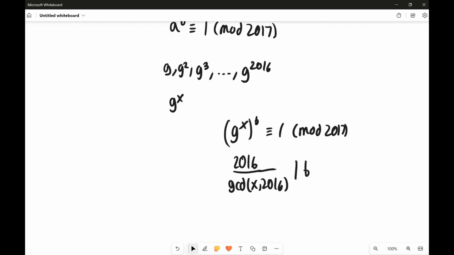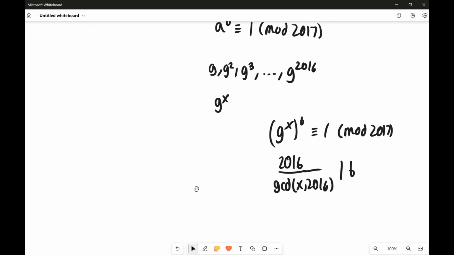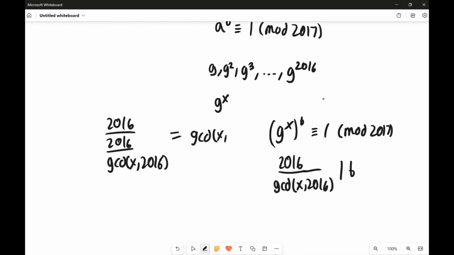It divides B, and that's necessary and sufficient. So we want to find out the number of integers in this list that end up being multiples of this number here. And for obvious reasons, since this is a divisor of 2016, this is 2016 over 2016 over GCD of X and 2016. So this is GCD of X and 2016.